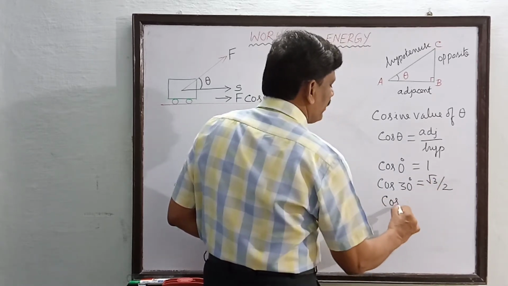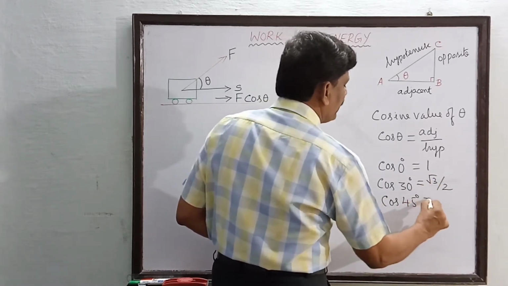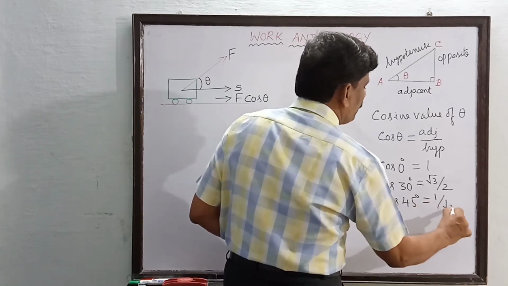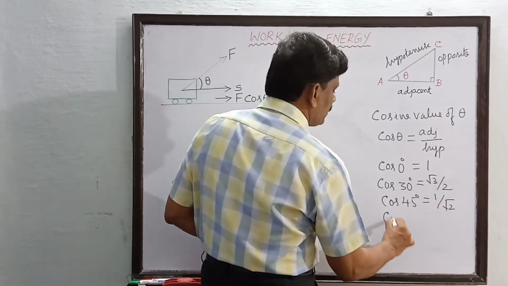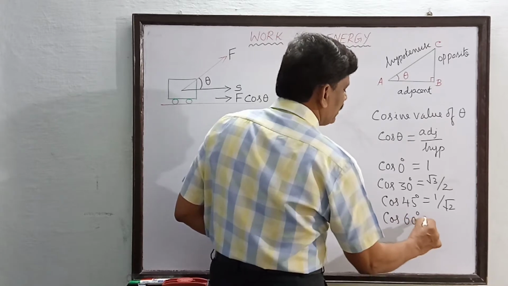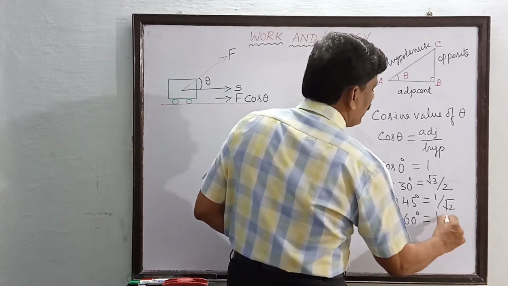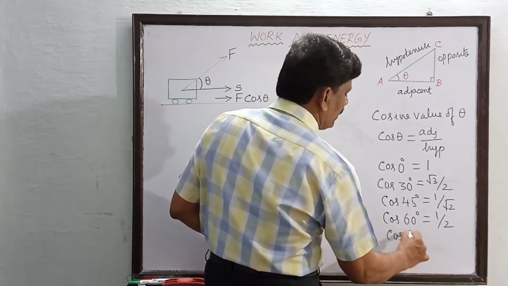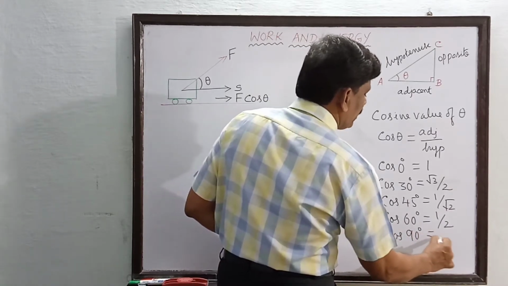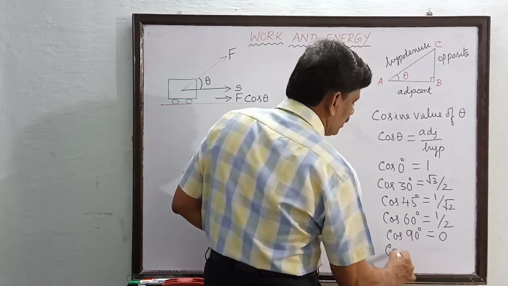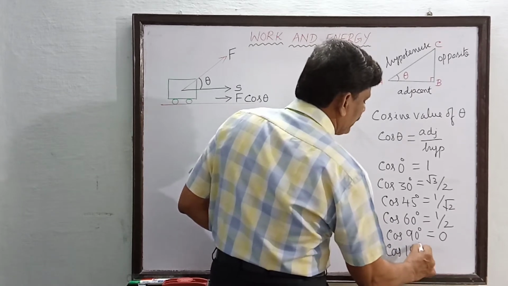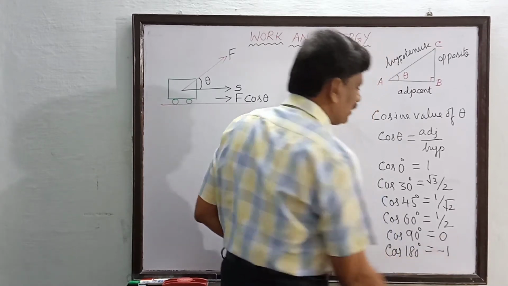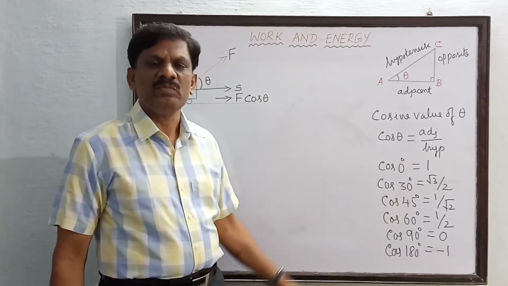Cos of 45 degree is equal to 1 by root 2. Cos of 60 degree is equal to 1 by 2. Cos of 90 degree is equal to 0. Cos of 180 degree is equal to minus 1. These values you must remember.